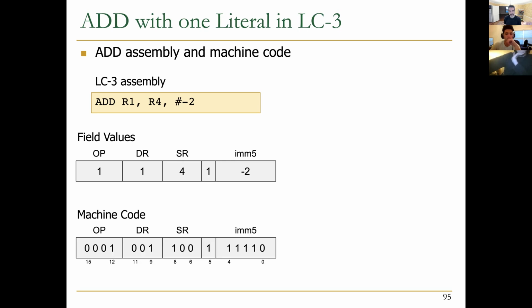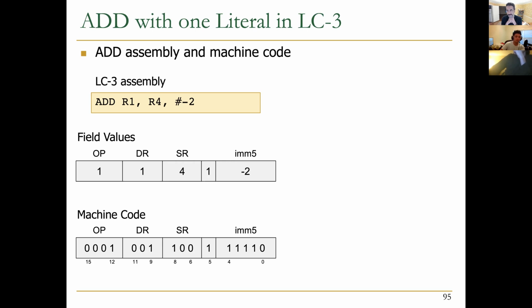You have this encoding down here. And in the immediate, hopefully you can interpret why this is -2. Can anyone interpret why it is -2? 2's complement. How do we quickly figure out why it is -2?